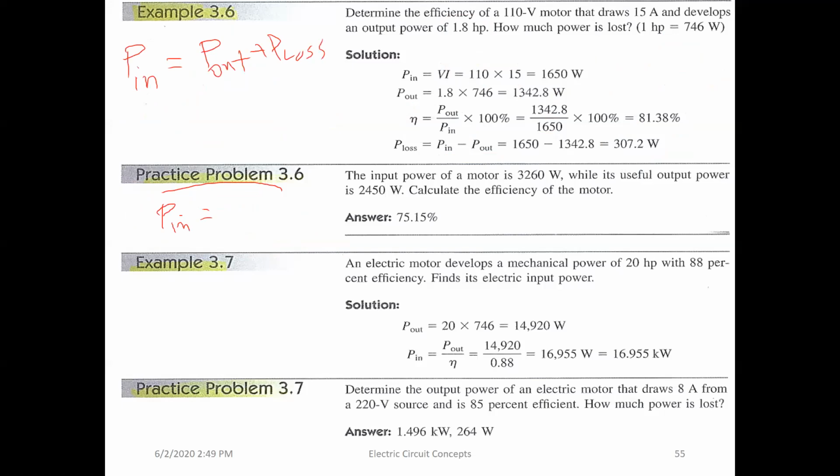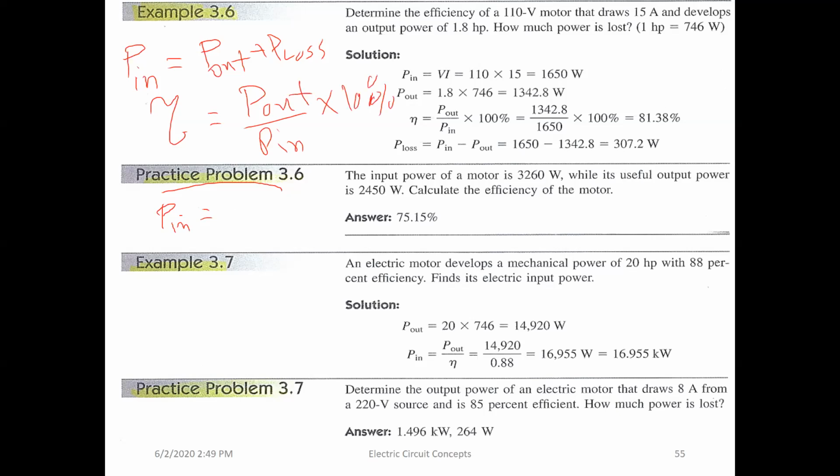Keep them ready. And then we have the efficiency equal to P out over Pin. Again, the efficiency is always less than 100%, or less than 1 times 100%.